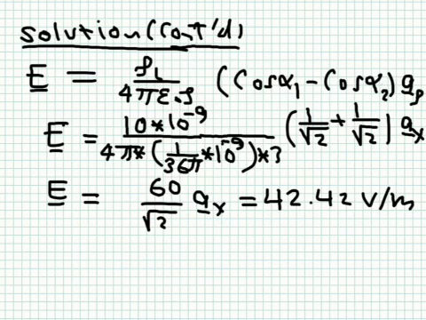If you simplify things, 4 pi will cancel with 36 pi. And if you simplify things, and I hope I don't make any mistake here, it's 60 over square root 2. And if you simplify that, you end up with 42.42 volt per meter.